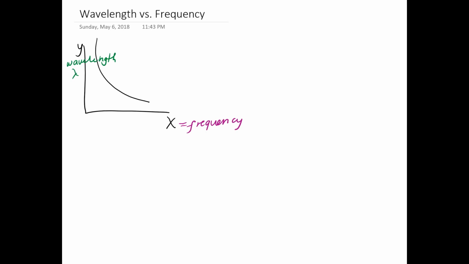Now, the kind of graph that this has made is what we call an inverse relationship. And the inverse relationship just really means that as your X is increasing, your Y is actually decreasing. So it's going down. And so we can model that using a relationship.